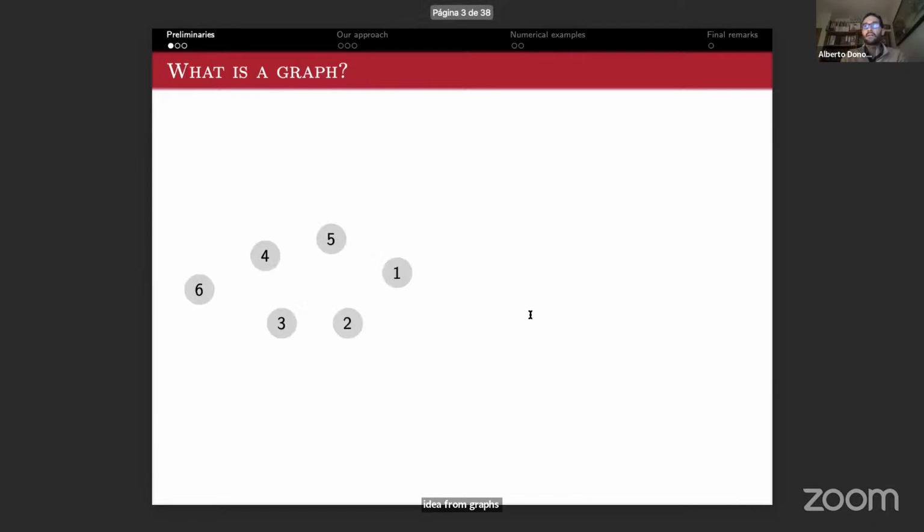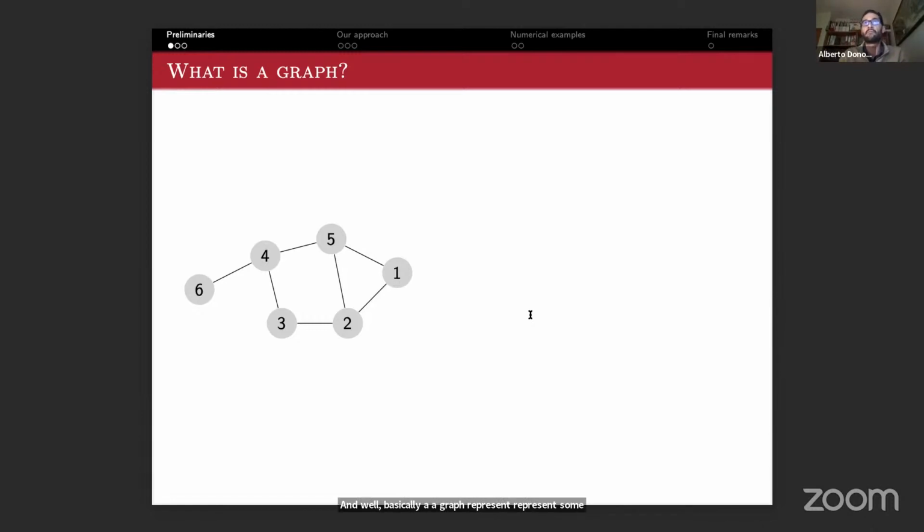A graph is basically a set of vertices, also called nodes or points, and they may be objects, people, computers, or whatever, which are connected by edges, also called links or lines. A graph represents some kind of relation among those nodes.